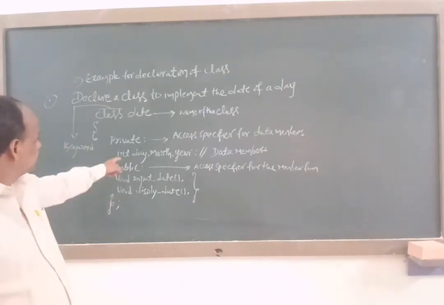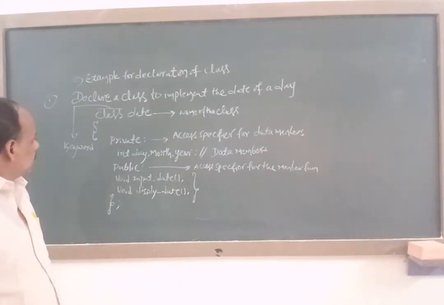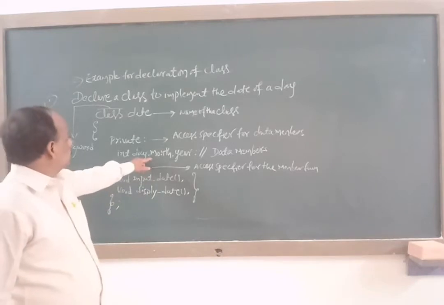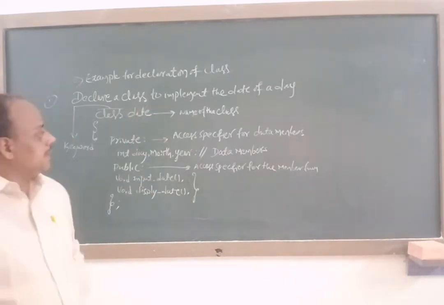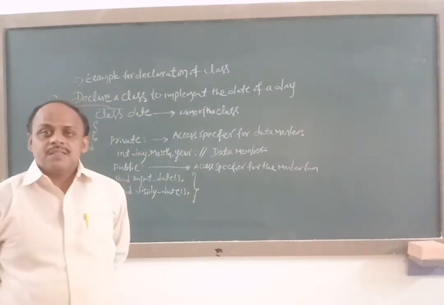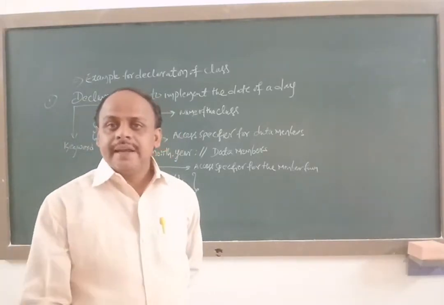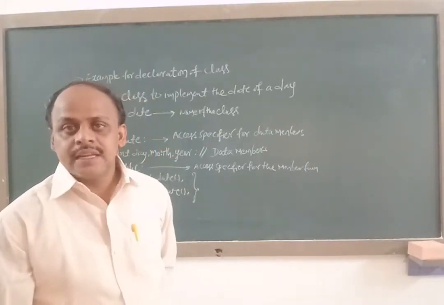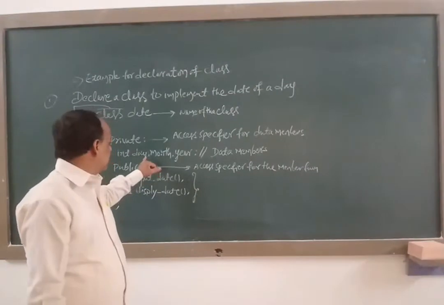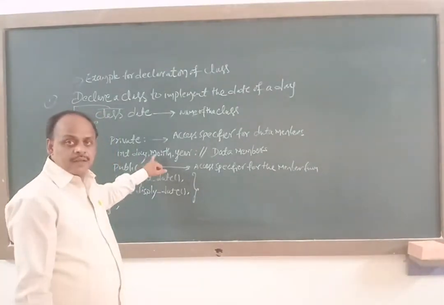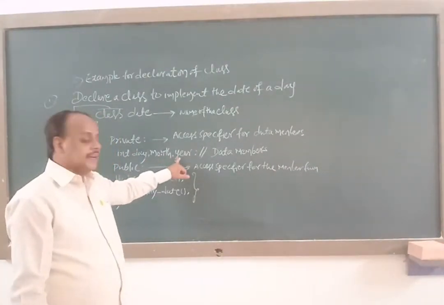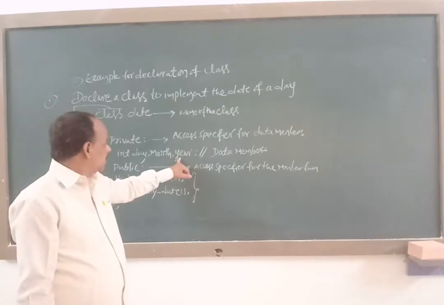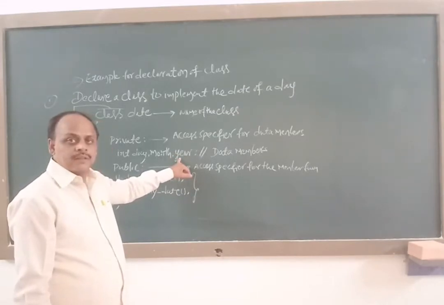So here the question is to implement the date of a day, which means we have to enter the day, month and year. That's why I took three variables here: day to accept the day, month to accept the month, and year to accept the year, right?